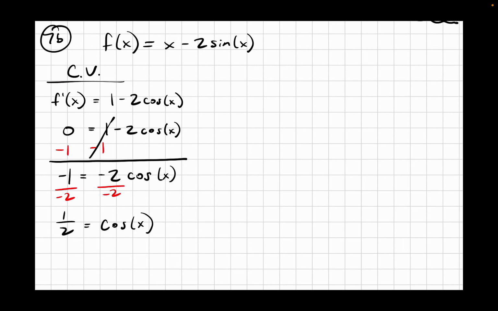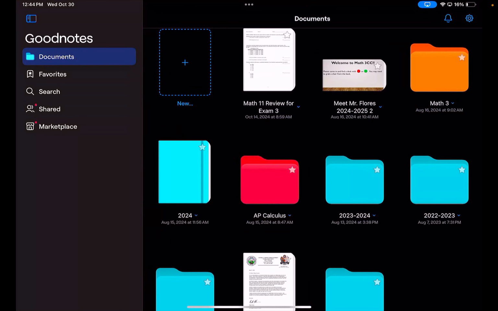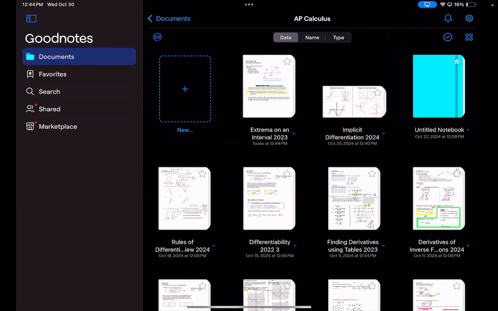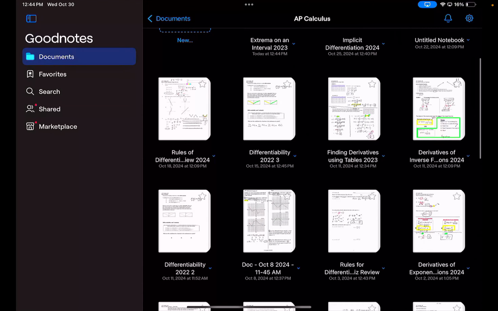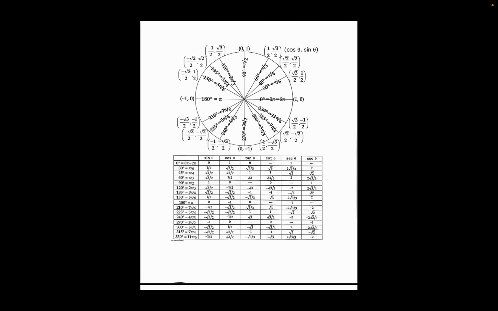When does 1/2 equal cosine of x? When are cosine and 1/2 the same? Go into your neon sheets, that's where the answers are. Where does 1/2 equal cosine? Mine's not neon, but yours should look like this.